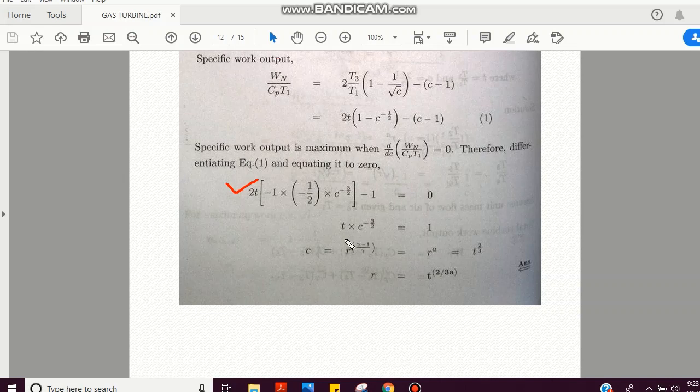So that becomes t into C to the power 3 by 2 equals 1. As we know, the C value is r to the power a, that means r to the power gamma minus 1 by gamma. So r to the power a is equal to t to the power 2 by 3, or r equals t to the power 2 by 3a. So this is the final expression.